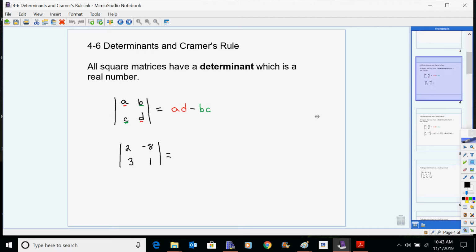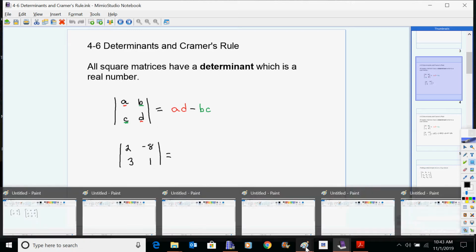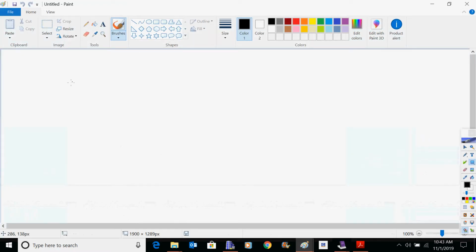So I want to calculate the determinant for this. 2, -8, 3, 1. I'm going to write that in on one of these. 2, -8, 3, and 1.